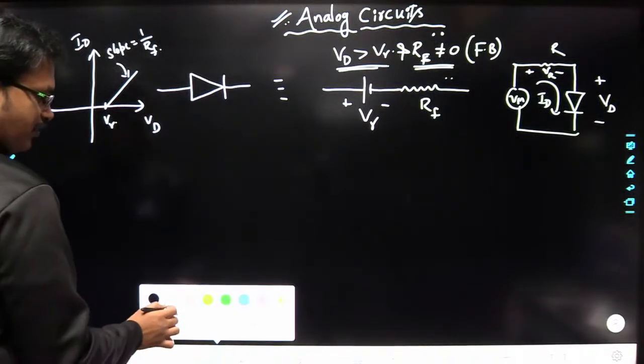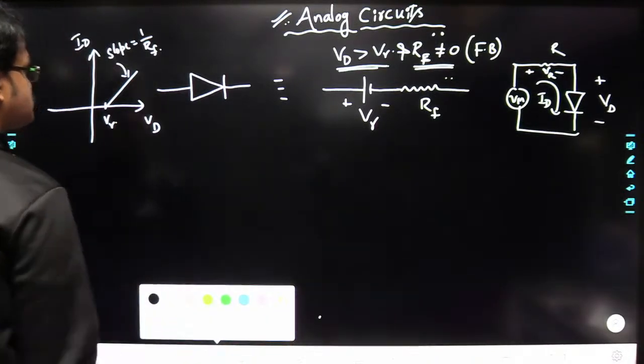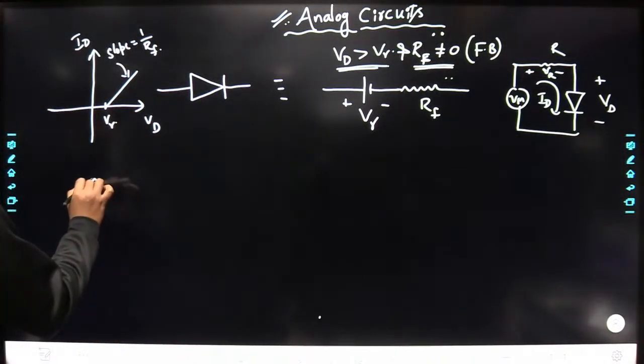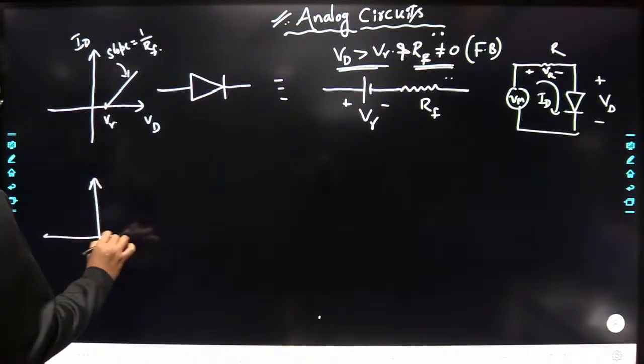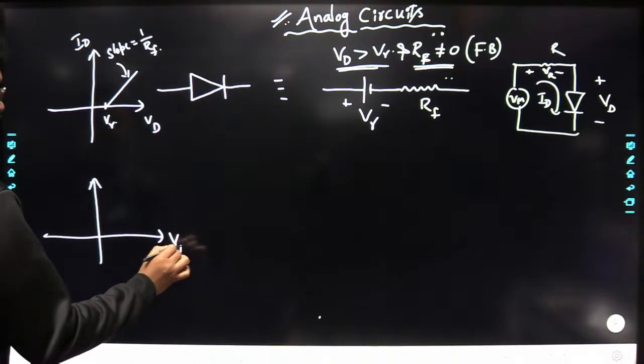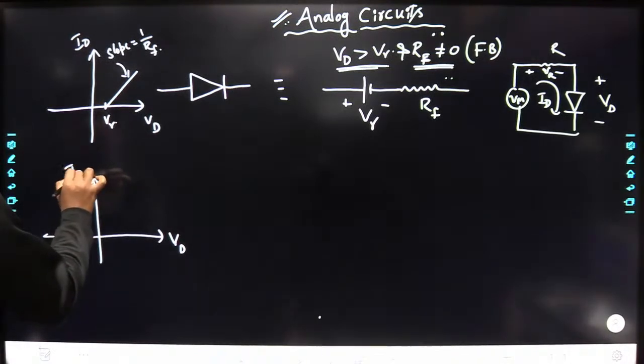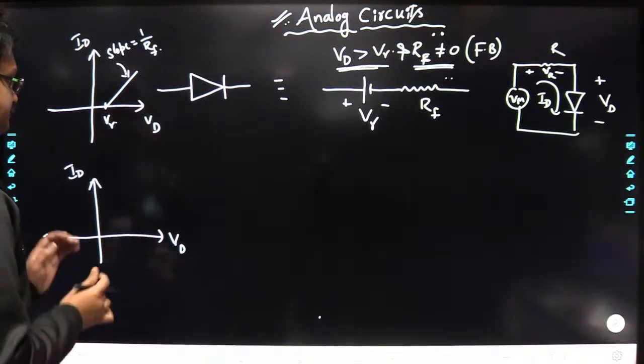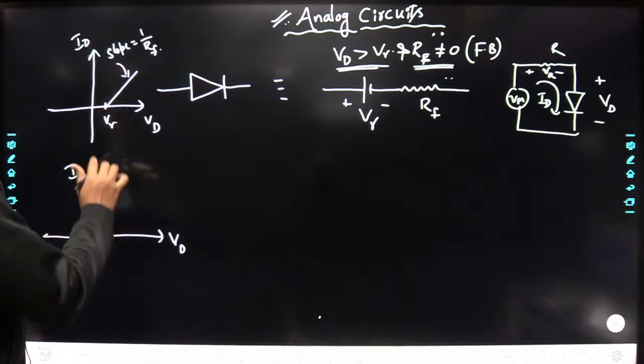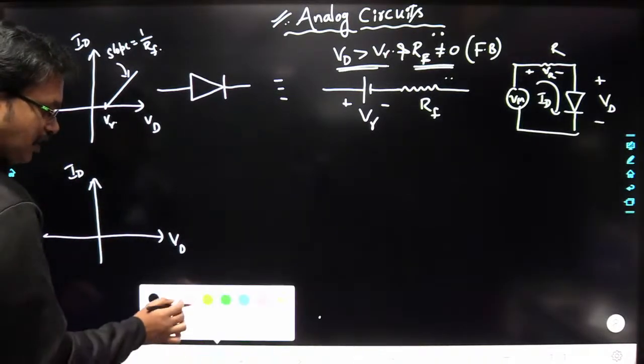Next, what is another approximate model? This is VD, this is ID. Now you keep V gamma, the cut-in voltage, as it is.